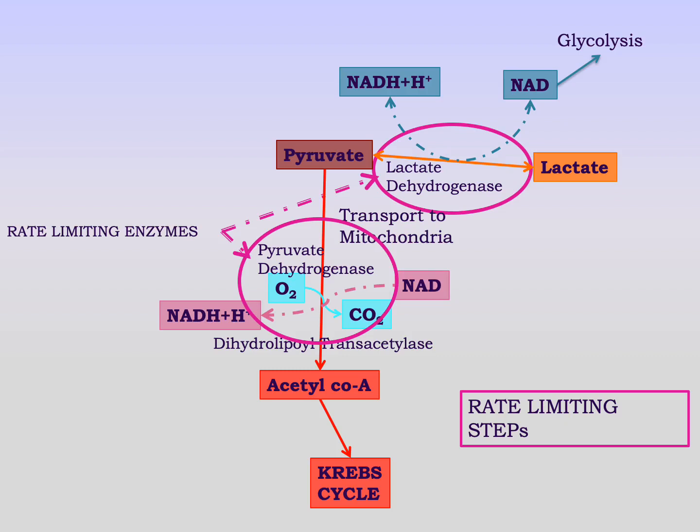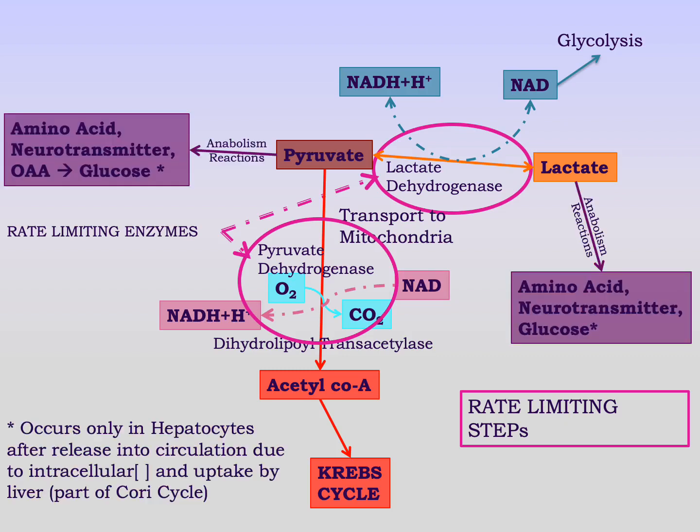Now, this is what happens if we need ATP. However, if we are copacetic with our ATP levels, we can go about using our pyruvate as well as our lactate in anabolic reactions. This includes the formation of amino acids. In neurons, this will lead to the formation of neurotransmitters.